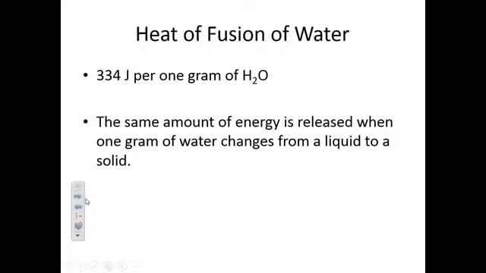The same amount of energy is released when 1 gram of water changes from a liquid to a solid. So this is absorbed when a solid changes to a liquid.